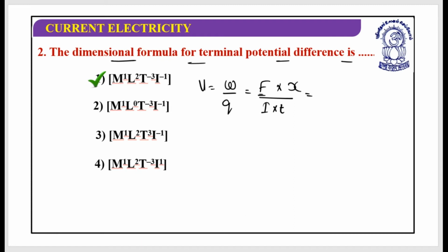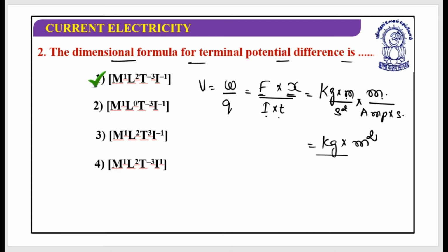Now force is ma, it's kg into meter divided by second square. Distance or displacement is a meter. I into t is ampere into second. So this would be kg multiplied by meter into meter, which is meter square, divided by ampere multiplied by second cube.